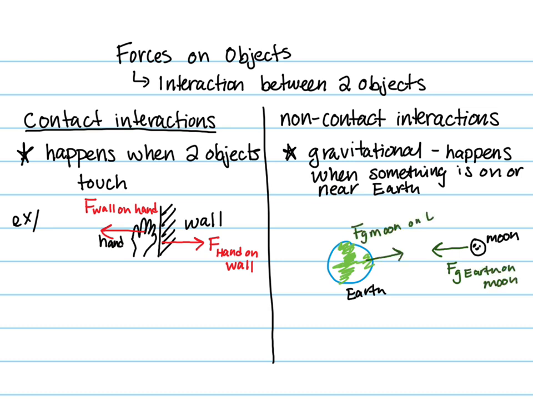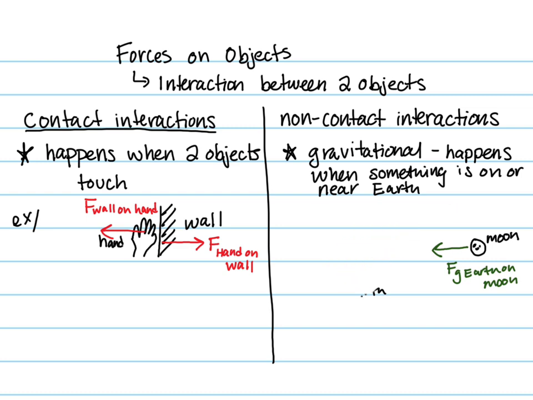And those two forces are equal and opposite. This force on the moon from the earth is what keeps the moon in orbit around the earth. And the force on the earth from the moon is what helps cause things like our tides on this planet. So both of these forces, we definitely feel the effects from them.